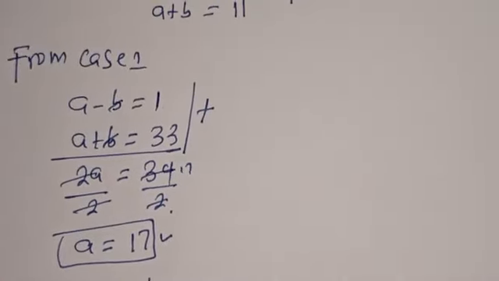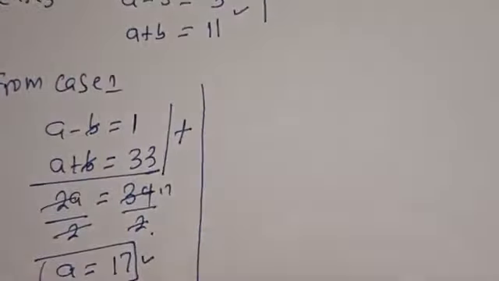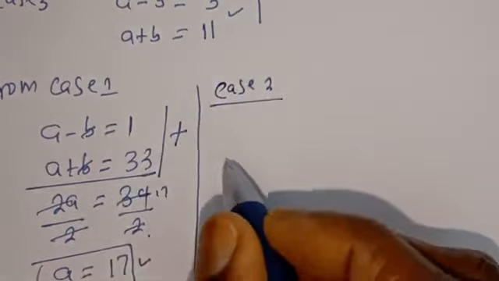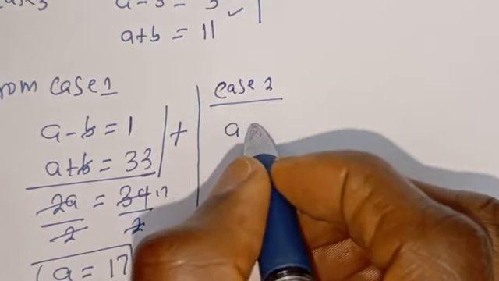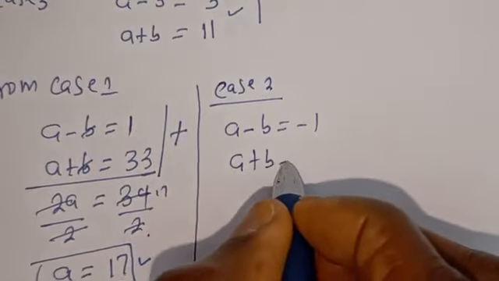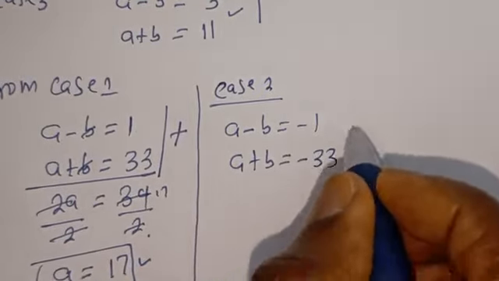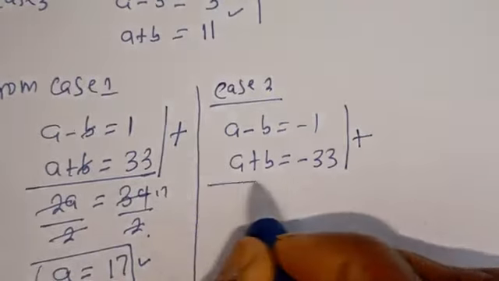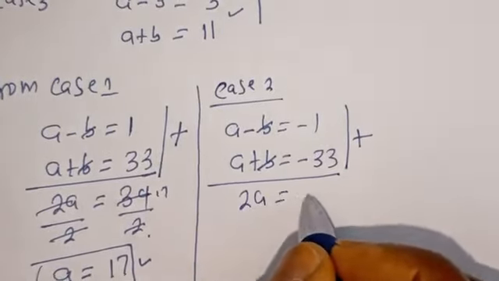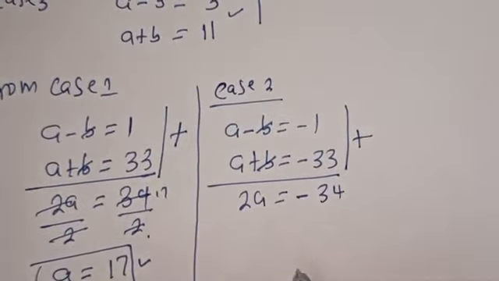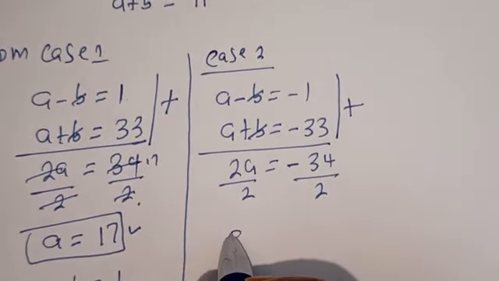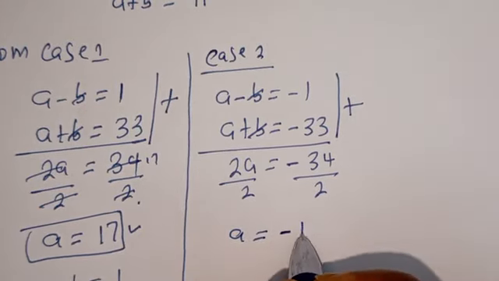Now let us consider the second case, case 2. From case 2, a minus b equal to minus 1, a plus b is equal to minus 33. We can add the two together, then we cancel this. 2a is equal to minus 34. If you divide both sides by 2, then a will be equal to minus 17.